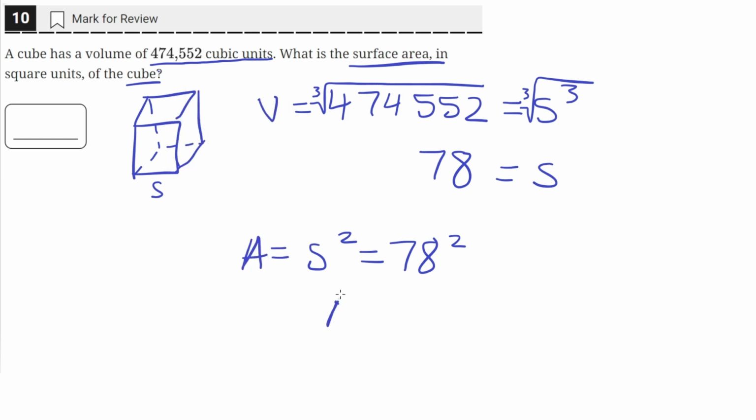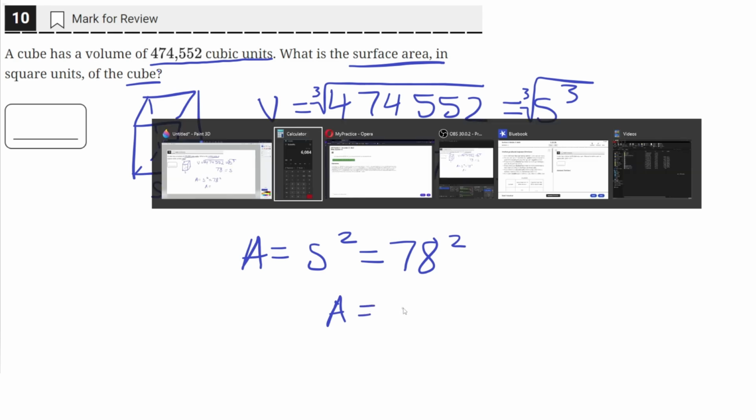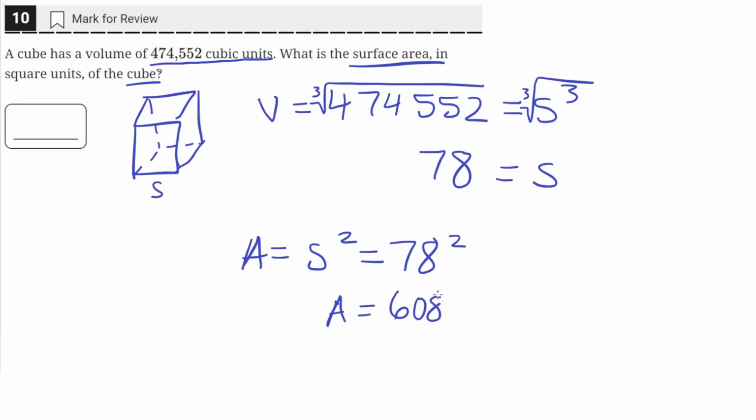So the area of one side is just 6,084. But we know that a cube has 6 sides. So the surface area of the cube is just 6 times the area of one side. So the surface area, we'll call that SA, is just equal to 6 times the area.